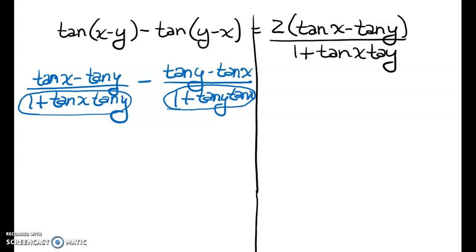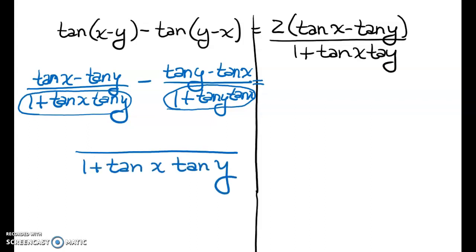Okay, so I can combine this into one fraction that has a denominator of 1 plus tangent of x tangent of y. So I'm going to get the tangent of x minus the tangent of y minus, remember I have to distribute that negative, tangent of y plus the tangent of x.